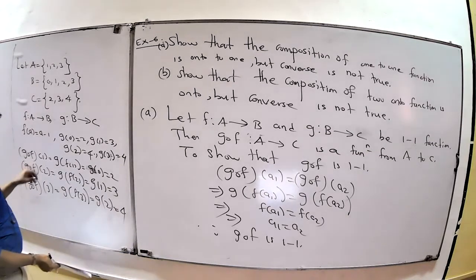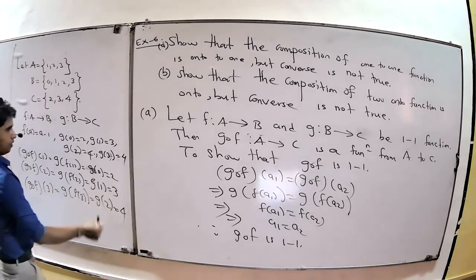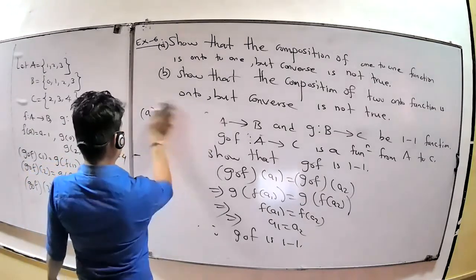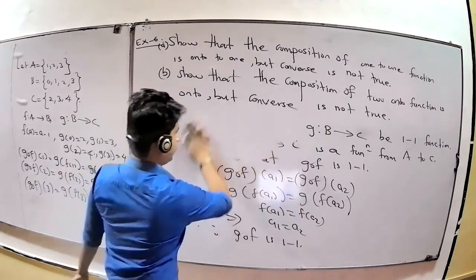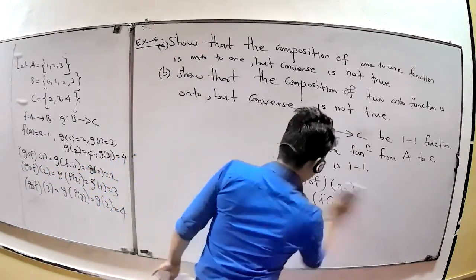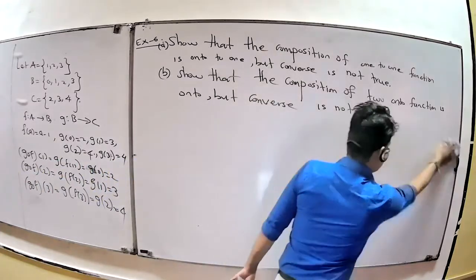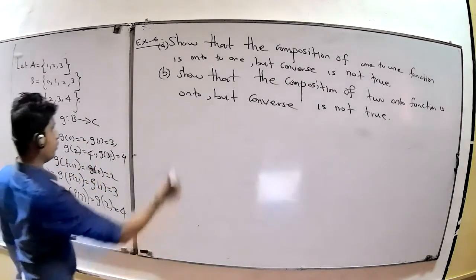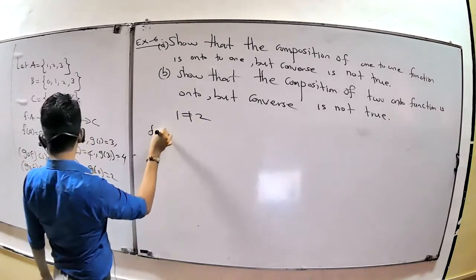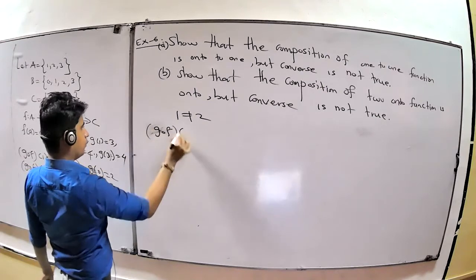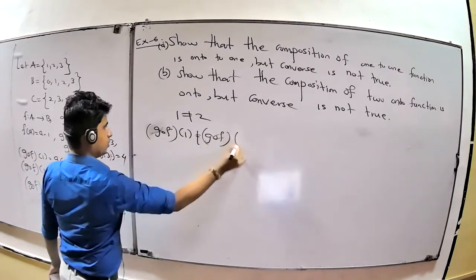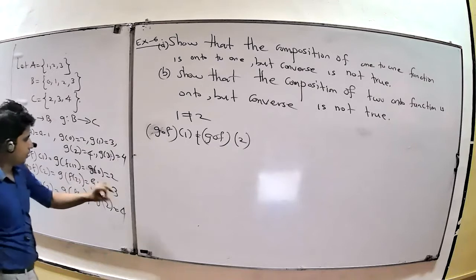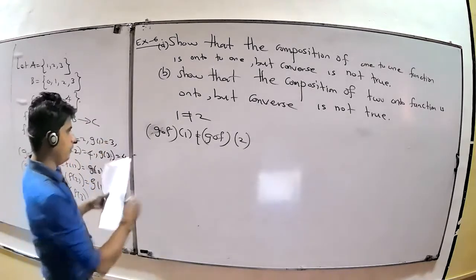There are two ways to show a one-to-one mapping. Another way: suppose the elements are not equal, say 1 is not equal to 2. Then you want to show that g composition f of 1 is not equal to g composition f of 2. Indeed, g composition f of 1 has value 2 and g composition f of 2 has value 3, and 2 is not equal to 3.